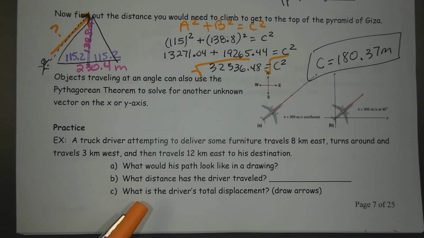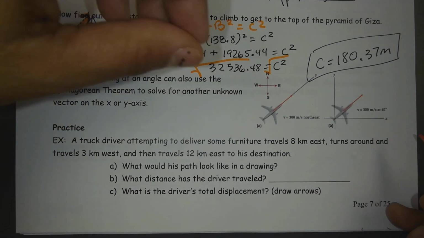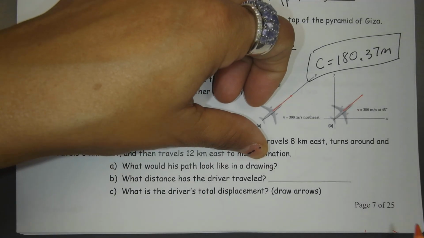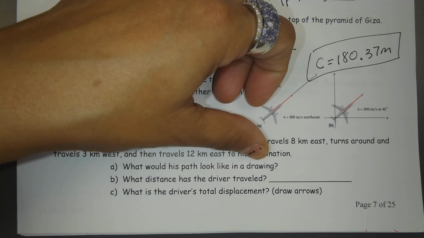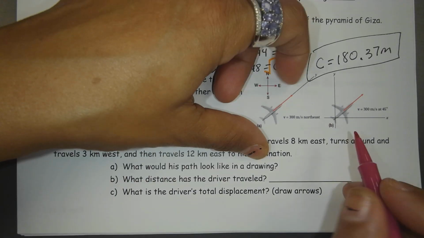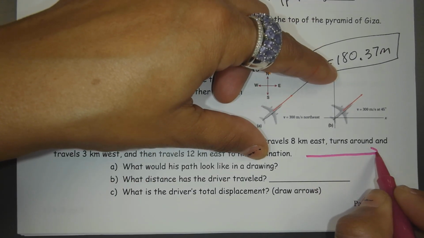What was his total distance? Remember, distance means to add. And what is the driver's displacement? Okay, so in this situation, let me go ahead and draw it out, letter A. For letter A, it says that first, this driver went 8 kilometers.